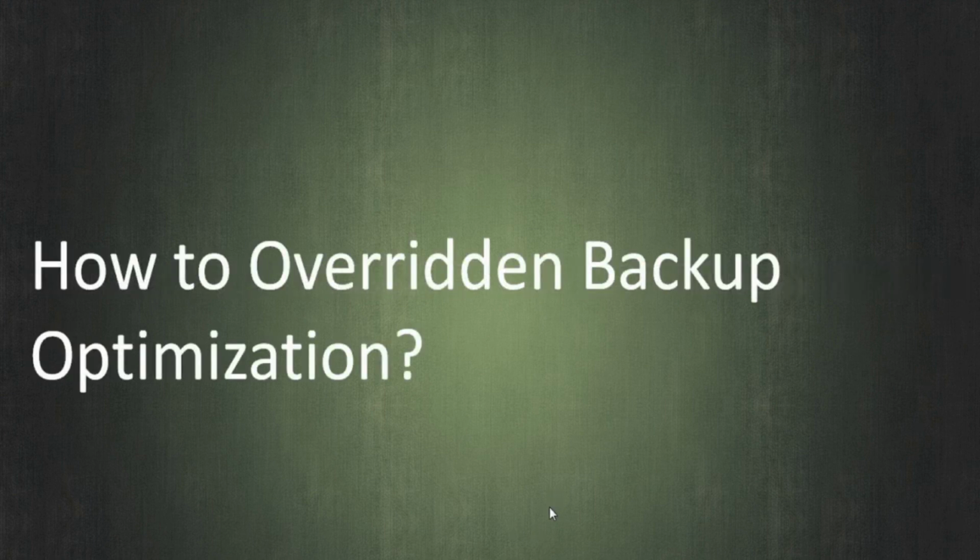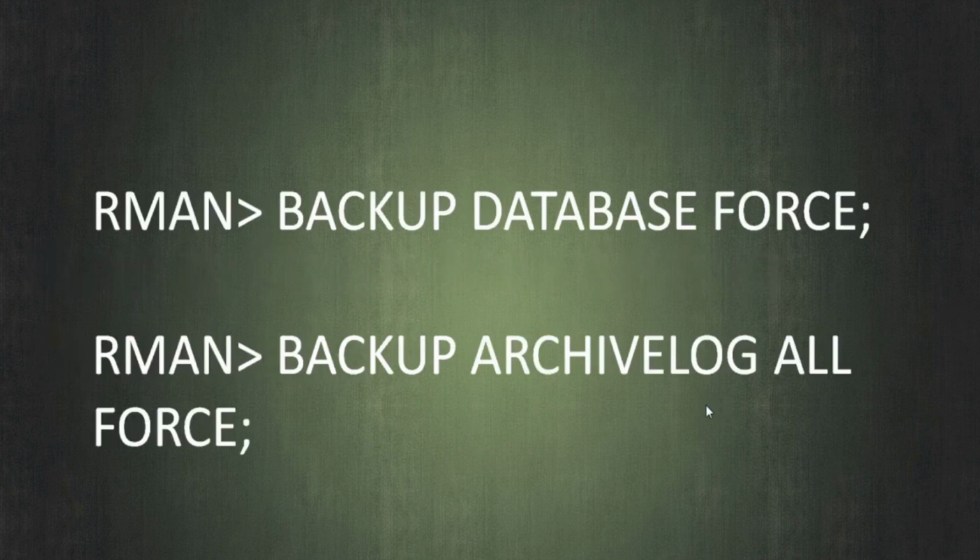And how to override the backup optimization? Even when backup optimization is on, how do you override it? We can use the command BACKUP DATABASE FORCE. So even if optimization is on, BACKUP DATABASE FORCE or BACKUP ARCHIVELOG ALL FORCE will force a backup even if the files have already been backed up.